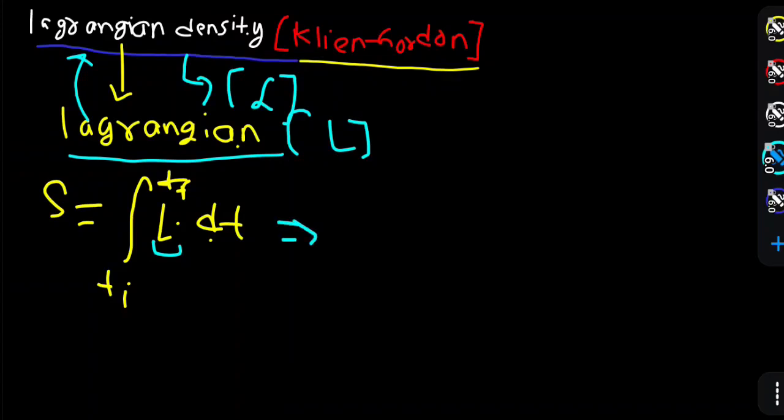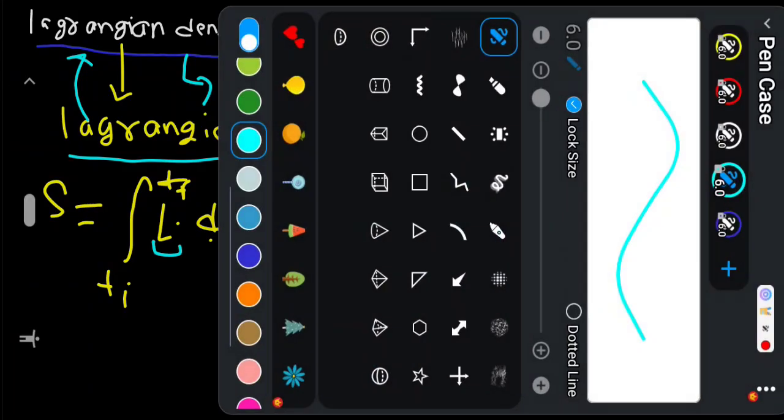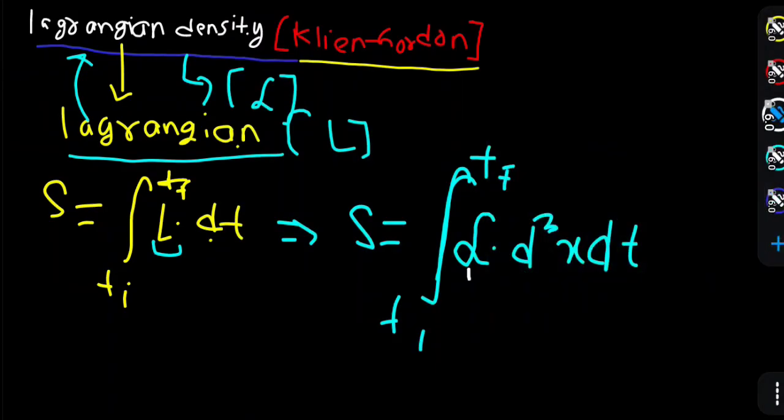This action is equal to the integral from some t initial to some t final, and we substitute the Lagrangian density, with d cube x and dt. Here, the thing you are seeing is the Lagrangian density.